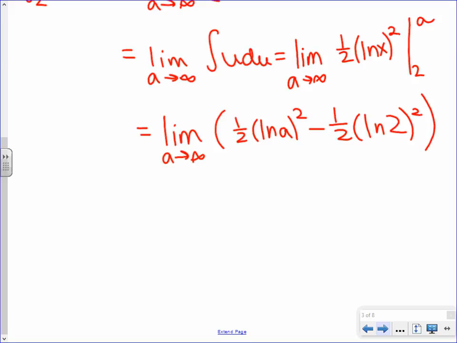Natural log of a, what happens towards infinity? It goes to infinity, so natural log squared is really going to go to infinity, right? So this is going to go to infinity. It's not even going to matter what value that is.